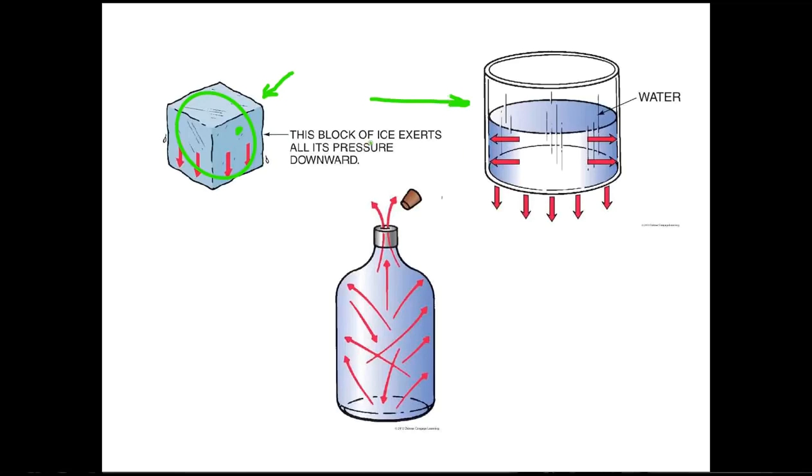So not only are they bound together, they start to cut loose their binds with each other and turn into a liquid, and they start to exert some force in the downwards and outwards direction, like in this container. Then as we add more heat and we turn this water and liquid into vapor, those molecules are bouncing around really fast, and it exerts pressure in all directions.